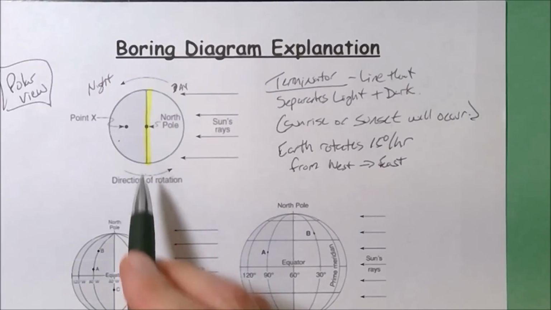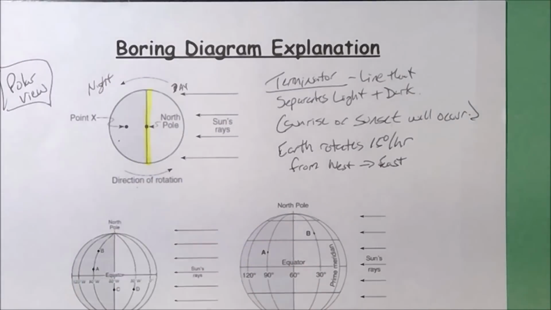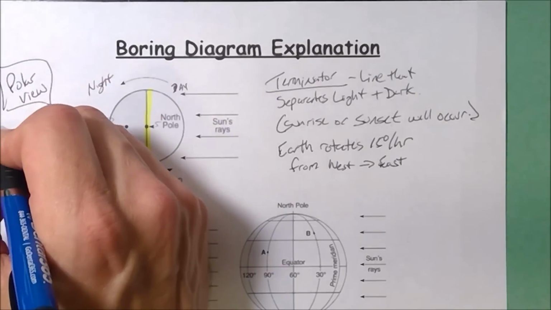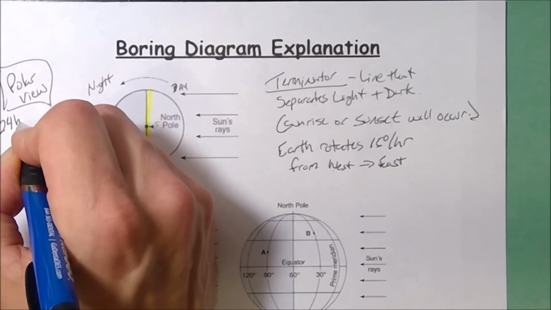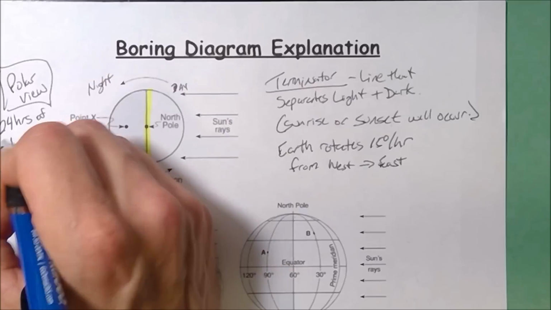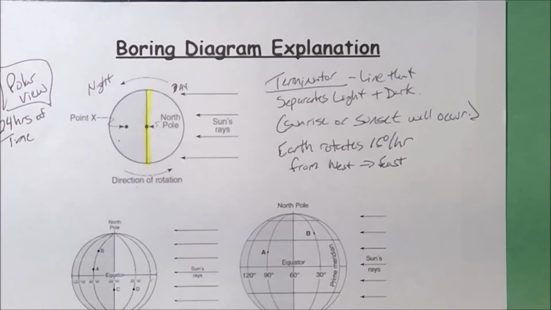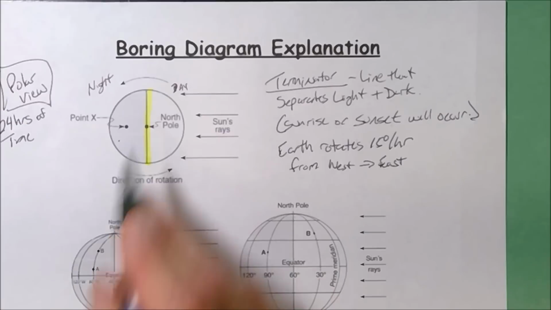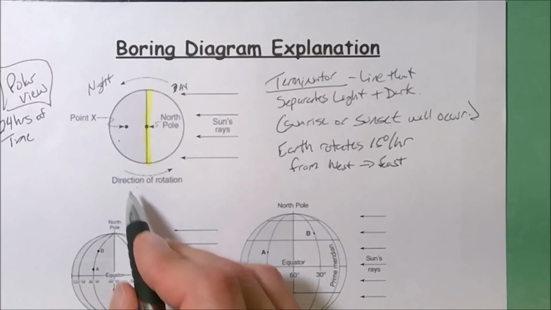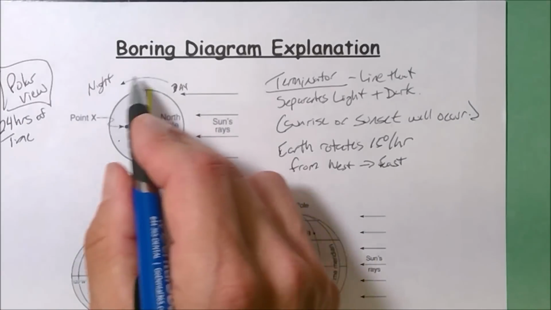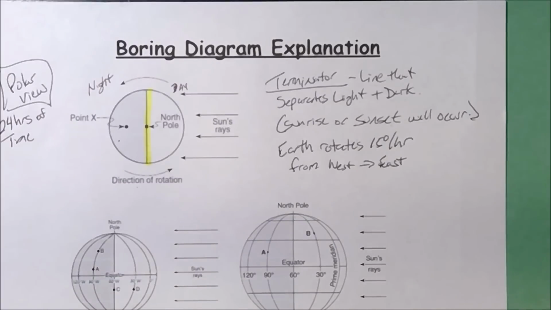When you're looking at a polar view, you're going to get 360 degrees of longitude. So in the polar view, you get 24 hours of time. But it's showing you, if you're looking down at the North Pole, the Earth appears to be rotating counterclockwise, west to east.